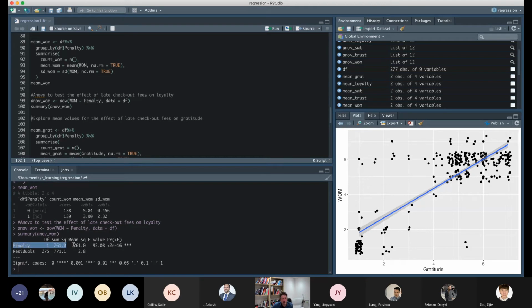The important line is this penalty line, and again, we get a significant effect. So we know now that those penalty fees significantly reduce customers' likelihood to recommend the hotel from 5.84 to only 3.9.